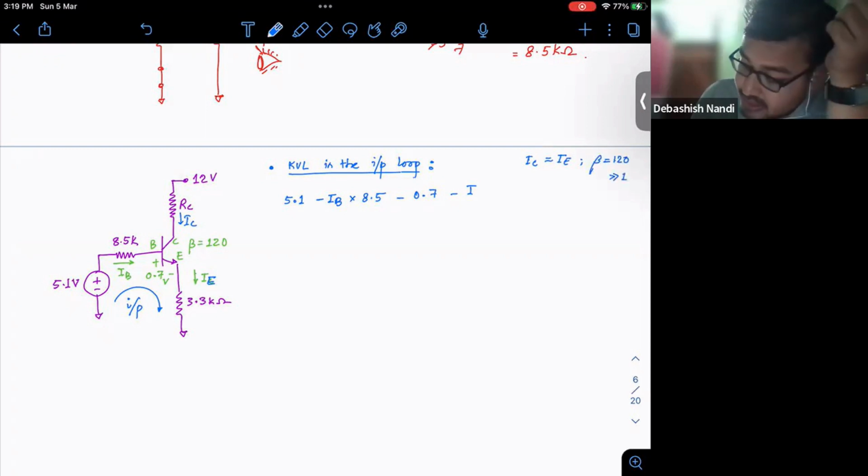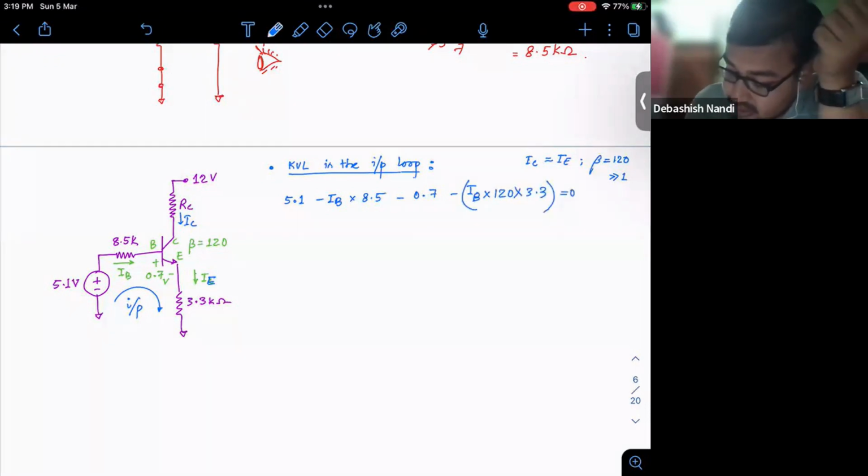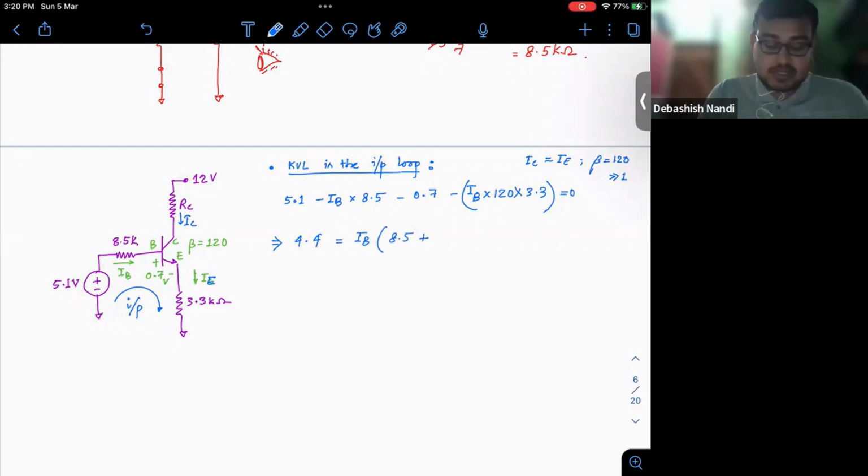So you can simply take this as IB into beta, 120 into 3.3, is equal to 0. So this becomes 4.4 is equal to IB into 8.5 plus 120 into 3.3, which is 396.